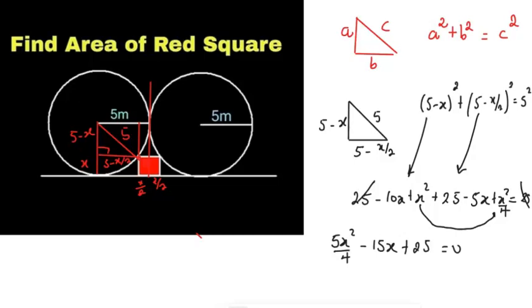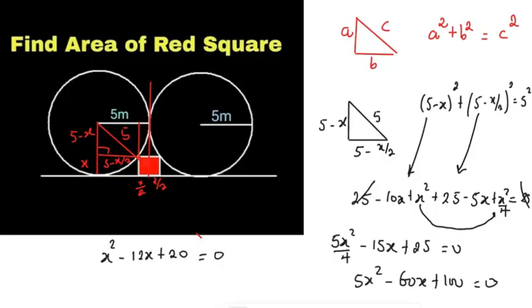So if you multiply each term on both sides by 4, we get the following: 5x squared minus 60x plus 100 is equal to 0. Now divide each term on both sides by 5, then we'll get that x squared minus 12x plus 20 is equal to 0.